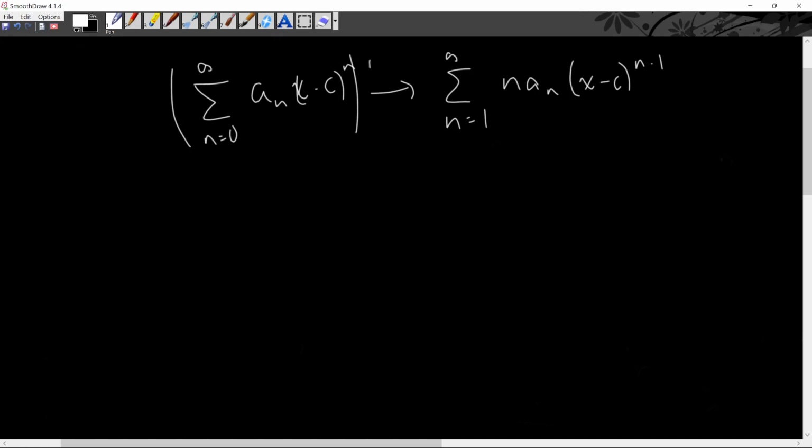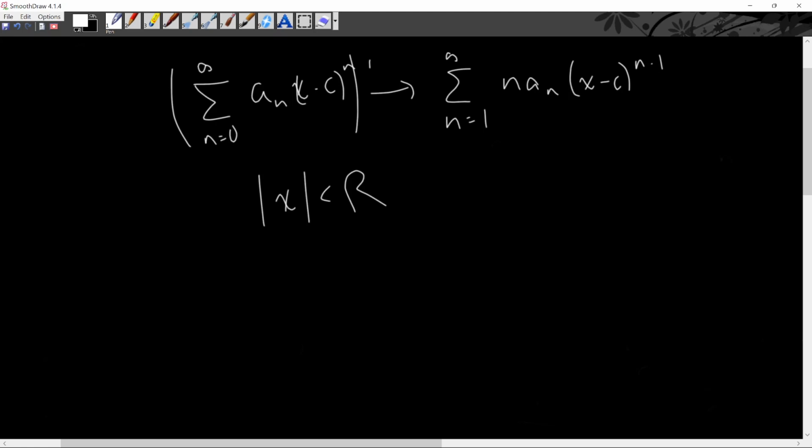So we can assume that c is equal to 0, and since x minus c is just equal to x, we can assume that this series converges just for the sake of argument, and so the absolute value of x is less than r. And if we come up with some value p, because if there is a less than sign, there's always a value in between those two.